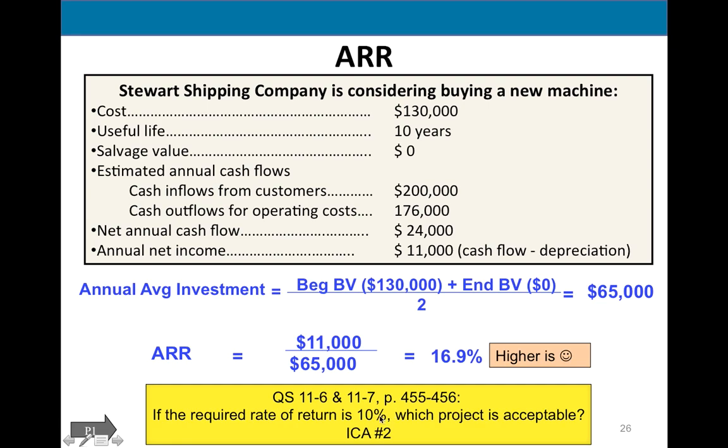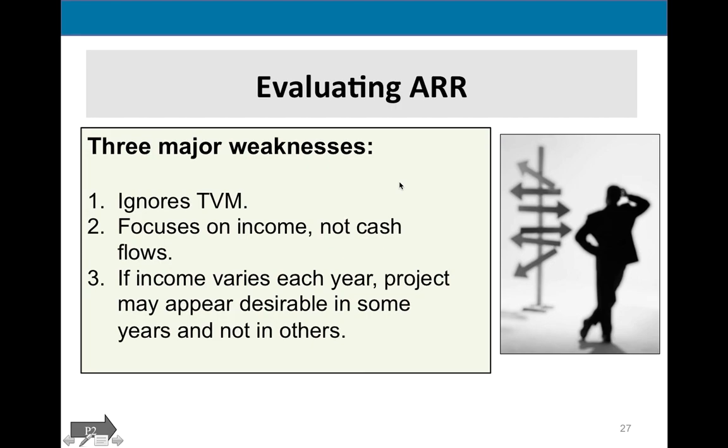So whatever investment the business makes, it uses partially or fully money that we borrow from the bank, and we're paying that 10%. So anything above this required rate of return, the cost of capital, would be acceptable. This is way higher, and the higher the better. So this investment looks like a good investment. Again, there are advantages and disadvantages. These are some of the major weaknesses of ARR.